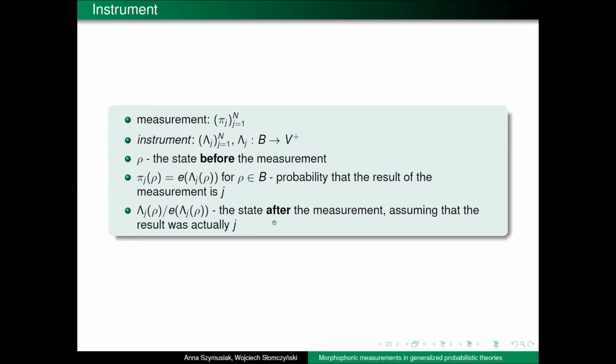One is the measurement, which in Qbism is just a SIC-POVM, and we have to have an instrument, that is, the rule which describes the states of the system after the measurement, and we can define it with the help of such maps from state space to positive cones, where the observable is given by the norms of these maps, and the state after the measurement is just given by this expression.